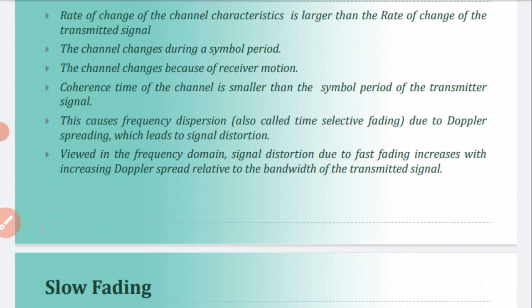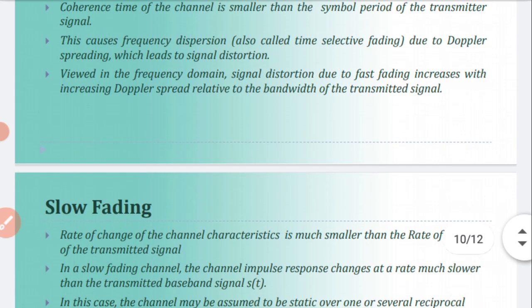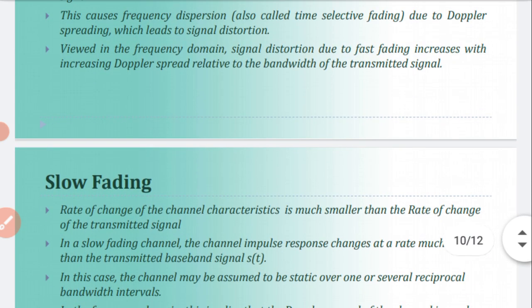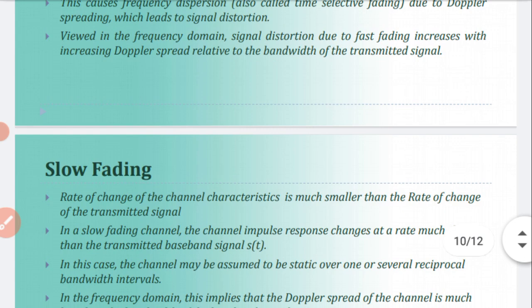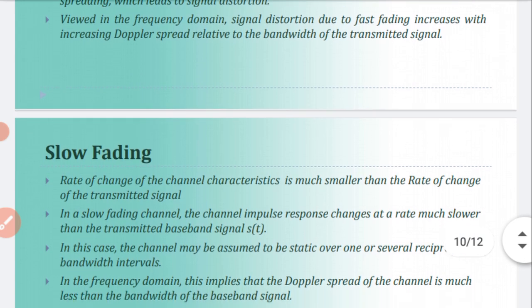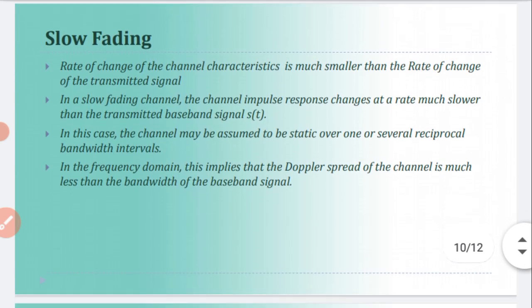The coherence time of the channel is smaller than the symbol period of the transmitted signal. This causes frequency dispersion due to Doppler spreading, which leads to signal distortion. Viewed in the frequency domain, signal distortion due to fast fading increases with increasing Doppler spread relative to the bandwidth of the transmitted signal.